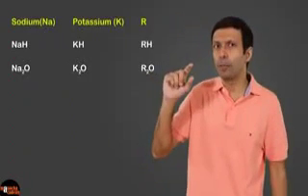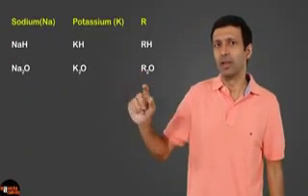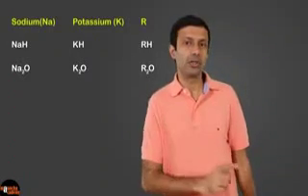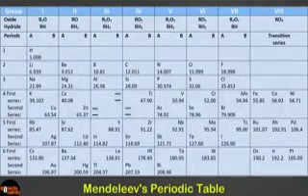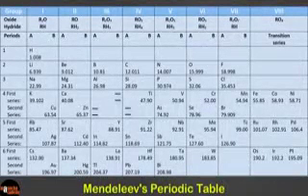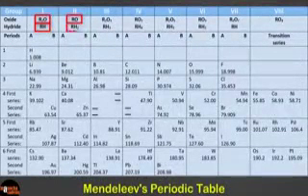So if you look at the top row in Mendeleev's periodic table, you'll see these formulae for each group. Mendeleev's periodic table looked something like this. As you can see, for group 1, the oxide formula is R2O and hydride is RH. For group 2, the oxide is RO and hydride is RH2, and so on.